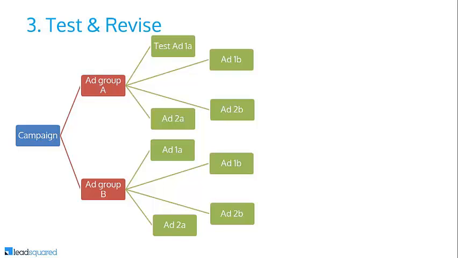The one that does not perform, you can pause or delete, and the one that performs well, you can bid higher on, or you can customize it a little more to get more conversions. The same you can do for all the ads, and make them into 2 ads for each ad group.